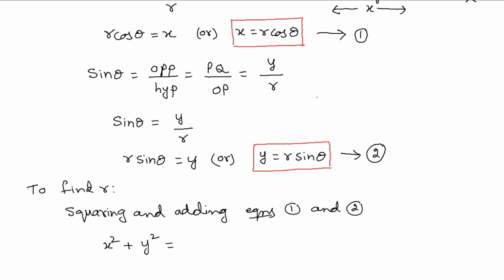Similarly, we'll square and add the right hand side values. The right hand side of equation 1 is r cos theta. If you square, you'll get r square cos square theta, plus squaring the right hand side of equation number 2, I'll get r square sine square theta.